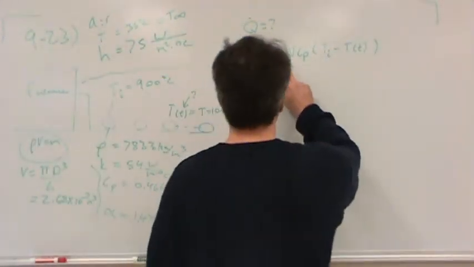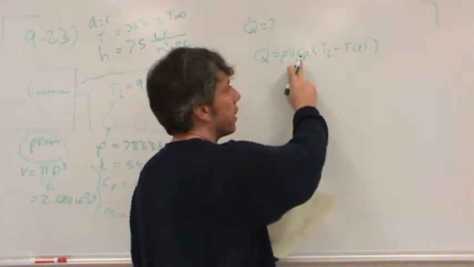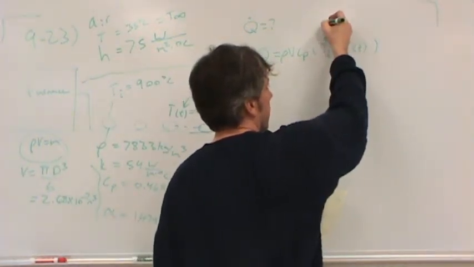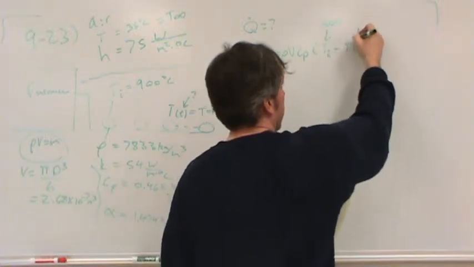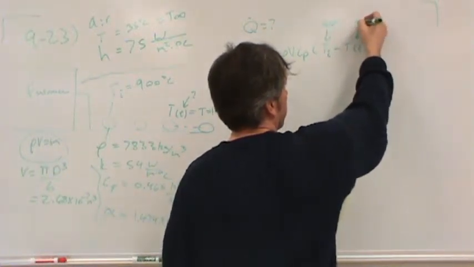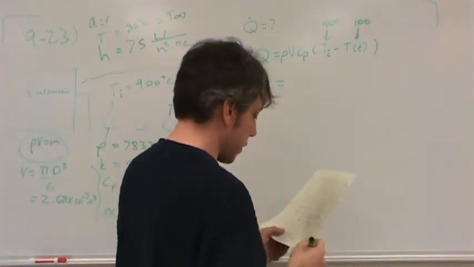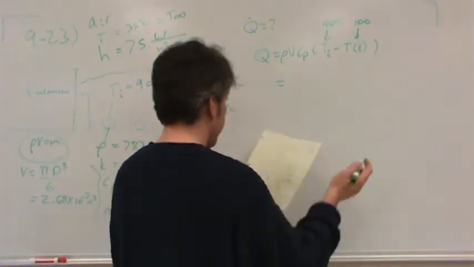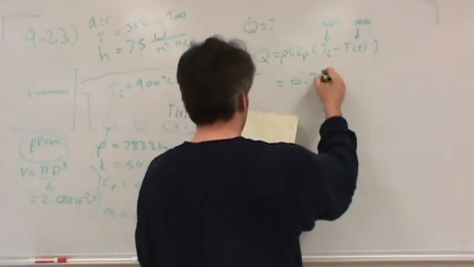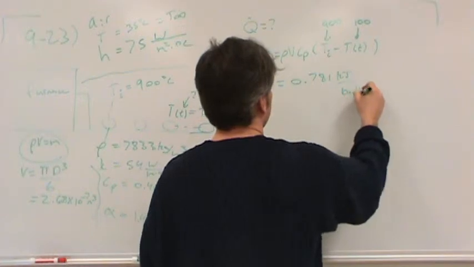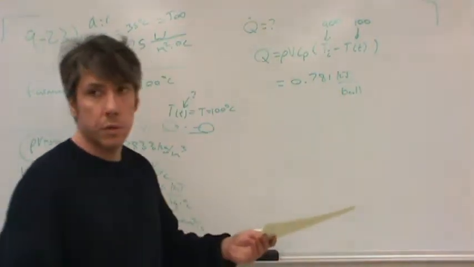So if you plug in the density that was given, the volume that we just calculated, the heat capacity, and what initial temperature again? 900 C. What final temperature? 100, good. When you plug all that in, you find that the amount of heat that each ball gives off is 0.781 kilojoules. So each ball gives off 0.781 kilojoules.